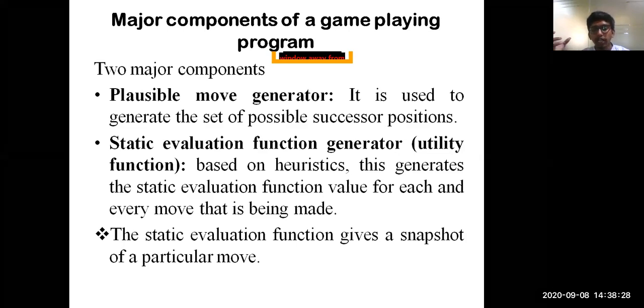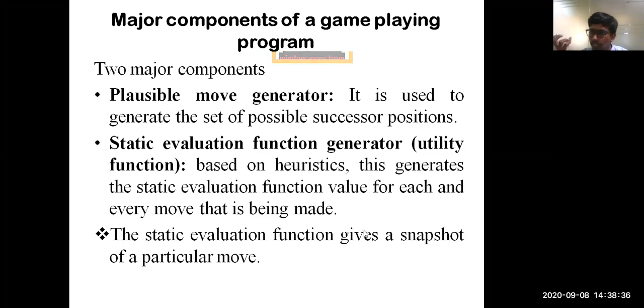That's how utility functions will be applied in the upcoming approaches. The static evaluation function gives a snapshot of a particular move. It focuses on what the next move is, and if I move from source to destination using this path, the cost might be less. That's how the static evaluation function can be used.